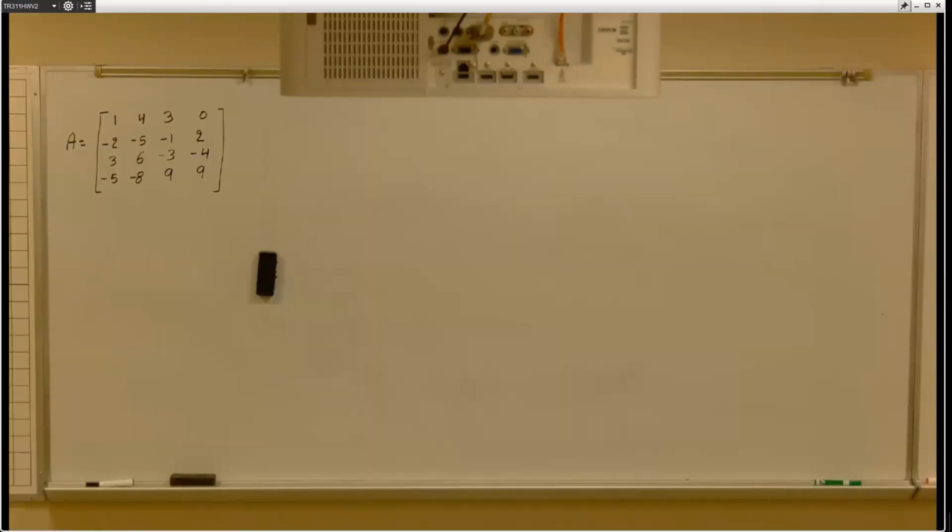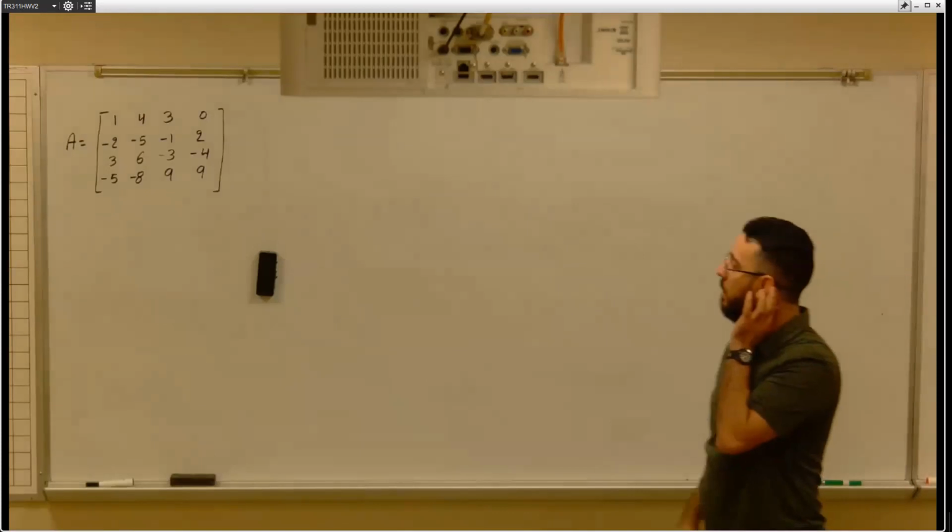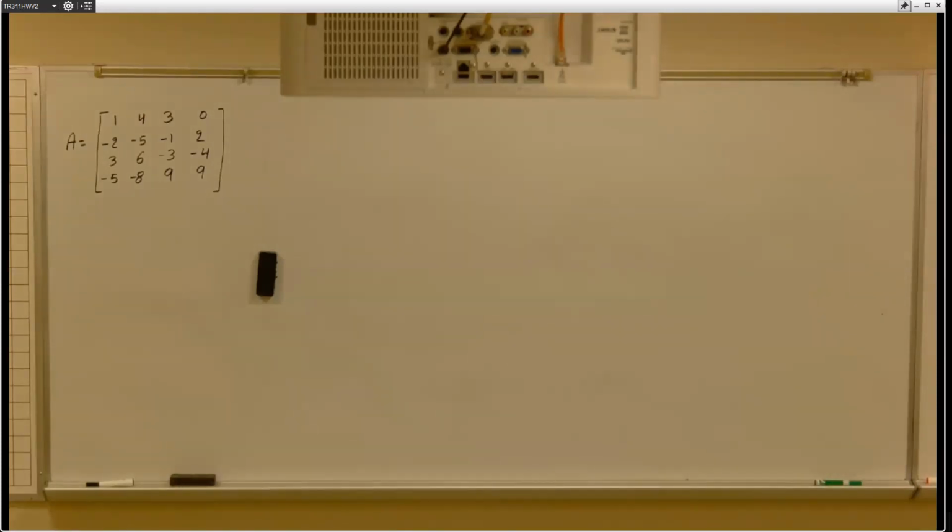Now we have a 4 times 4 matrix. The first thing, I remember that 2 years ago, I gave the students a non-square matrix and asked them to find the LU factorization.